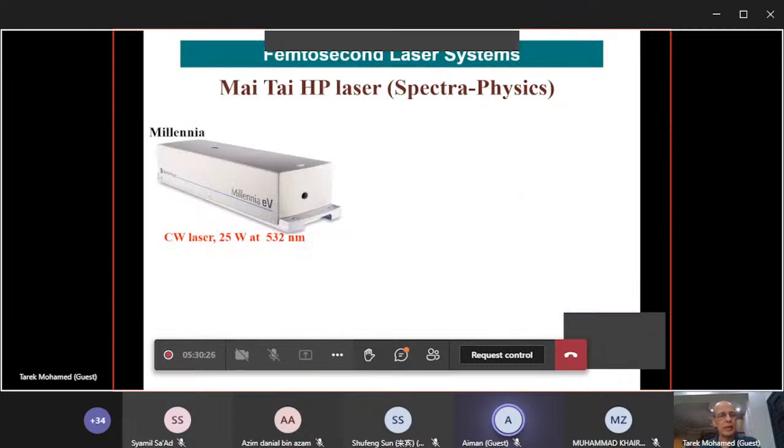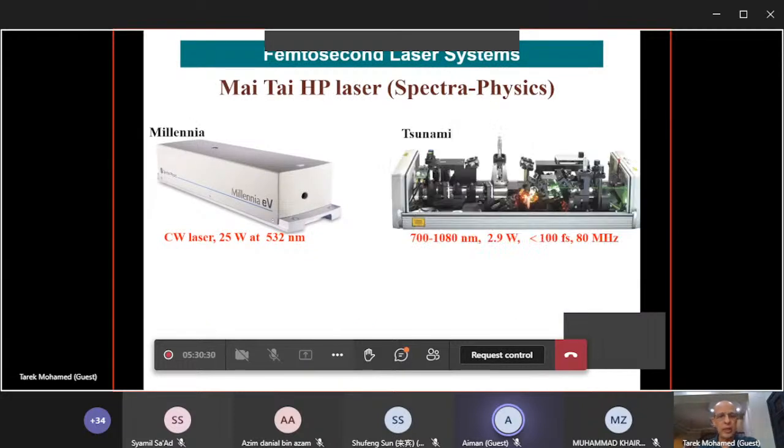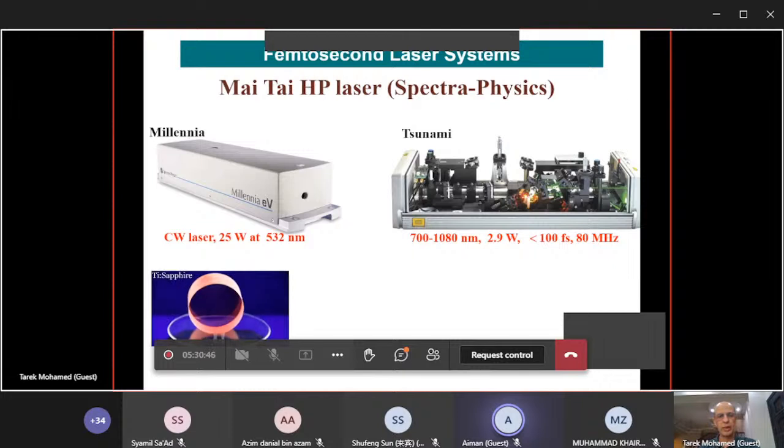The MiTi was made of 2 lasers. One of them, called Millennia, is a CW laser and gives green light at 532, and the other is Tsunami. This is a tunable solid state laser, and we could tune the range from 700 to 1080 nanometer, with average power 2.9, pulse duration 100 femtosecond, and 80 megahertz repetition rate.